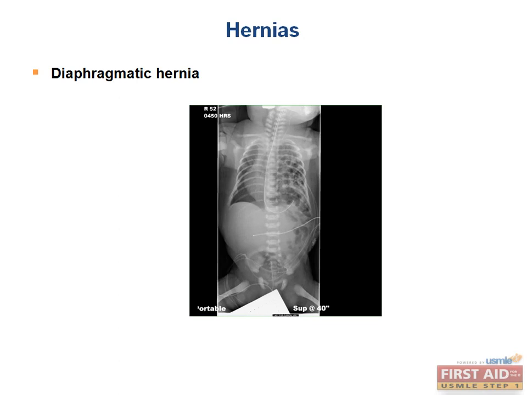Well, hiatal hernias are the most typical type of diaphragmatic hernia, and here the stomach herniates through the esophageal hiatus into the thorax. Sliding hiatal hernias are the most common subtype, where the gastroesophageal junction is displaced. Paraesophageal hernias can also occur with a normal GE junction, and the cardia of the stomach is displaced into the thorax.